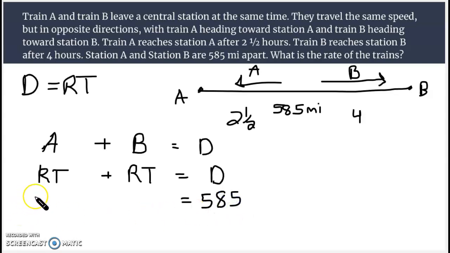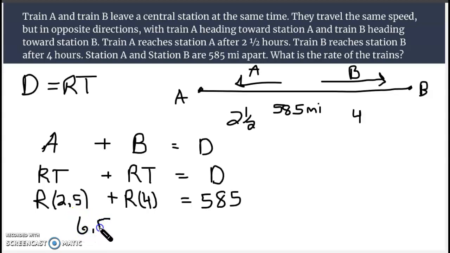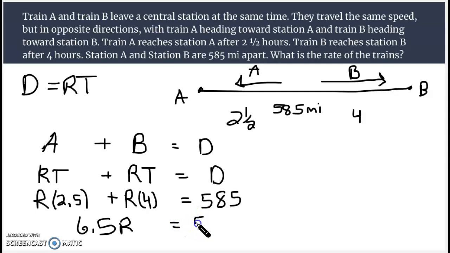We don't know Train A's rate, we'll keep that R, but we do know how long it took. It took 2.5. Rate of Train B is the same as the rate of Train A, that's why we use the same R, but it took 4 hours to get there. Alright, now it's just a simple equation that we can solve. 2.5R plus 4R, like terms, we can add those together to get 6.5R equal to 585.